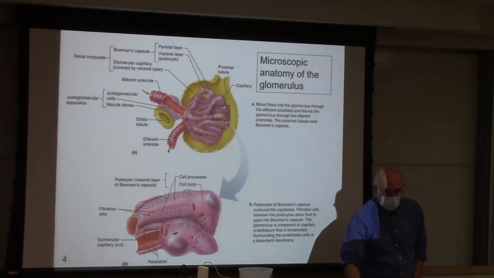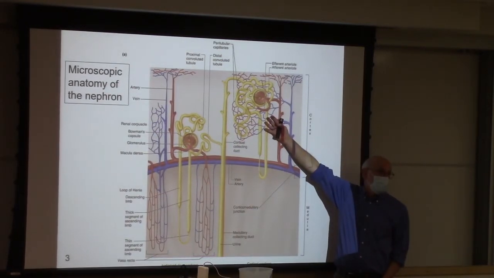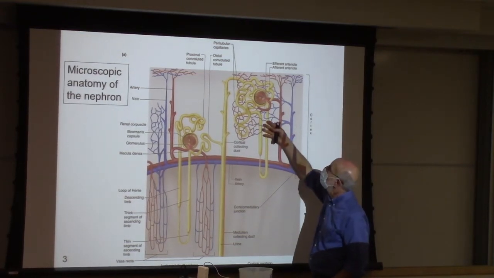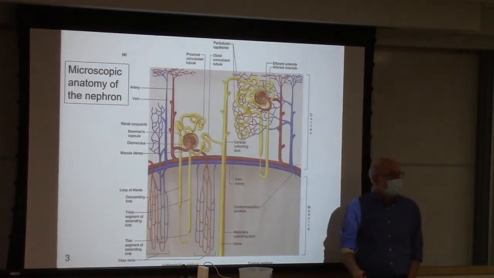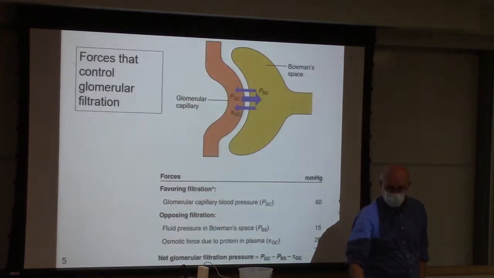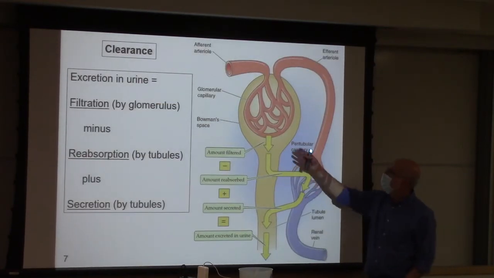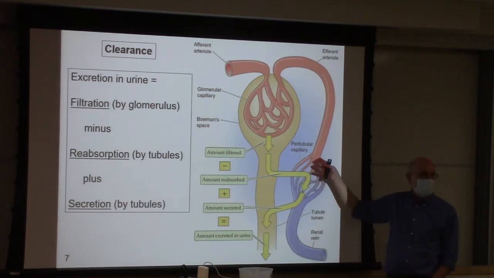Let's see if I can go back. It's a simplification of this: proximal tubule, loop, distal tubule, capillary surrounding. Tubule, tubule, tubule, capillaries.